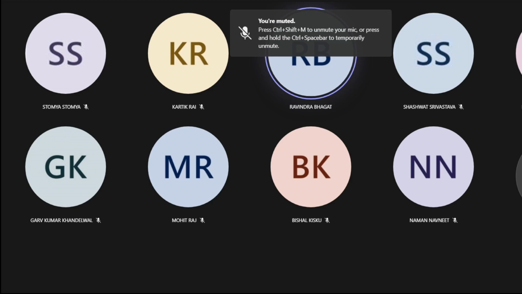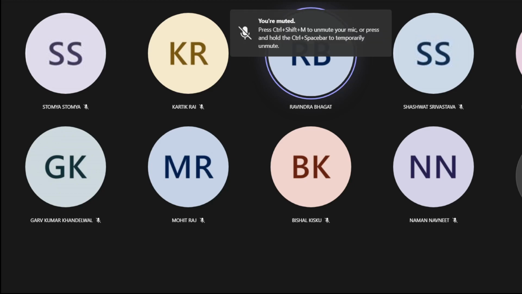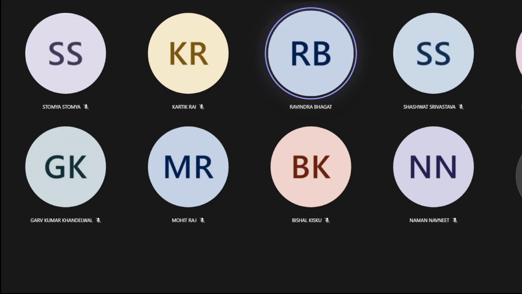It shall be the duty of the Prime Minister to communicate to the President all decisions of the Council of Ministers relating to the administration of affairs of the Union and proposals for legislation. Then, to furnish such information relating to the administration of the affairs of the Union and proposals.